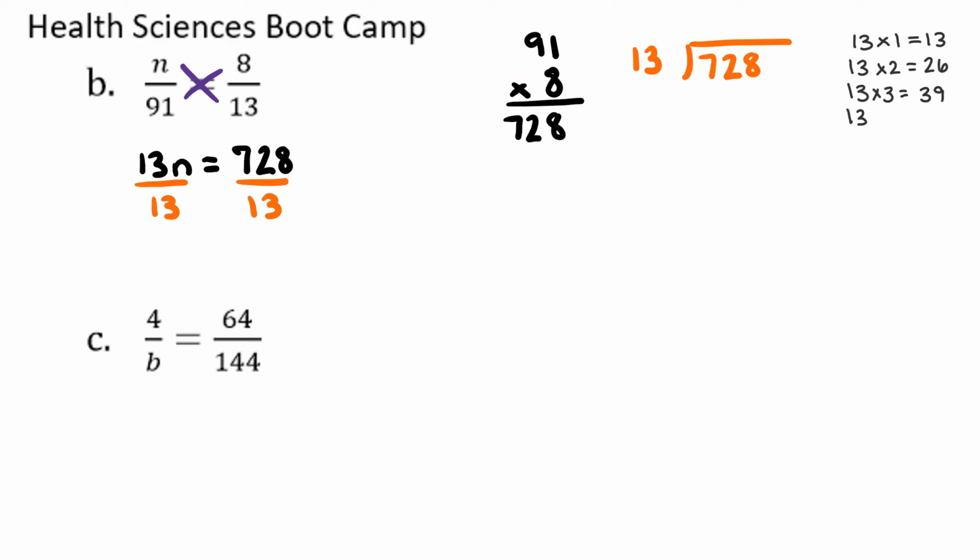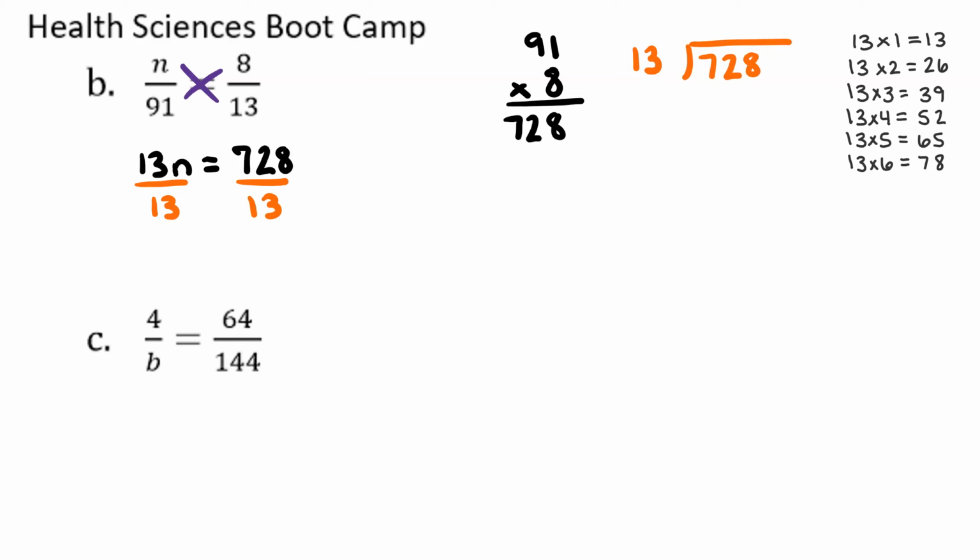And 13 times 4 is 52. 13 times 5 is going to be 65. And 13 times 6 is going to be 78.